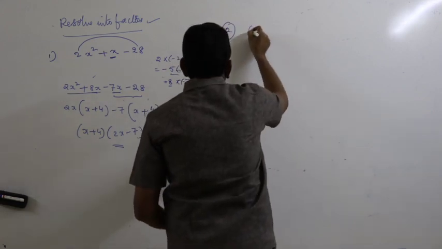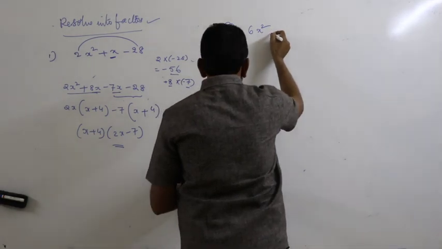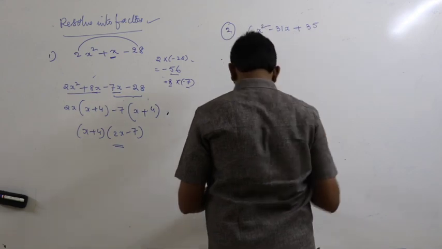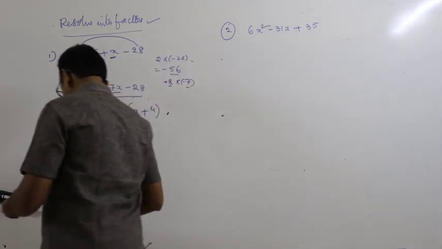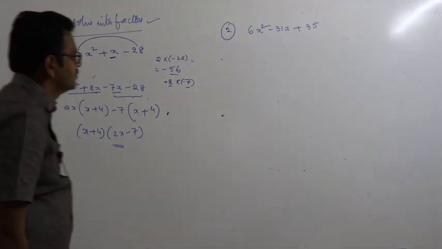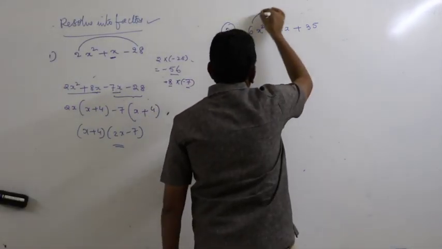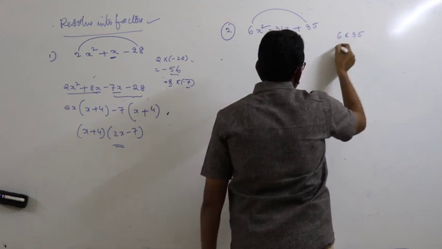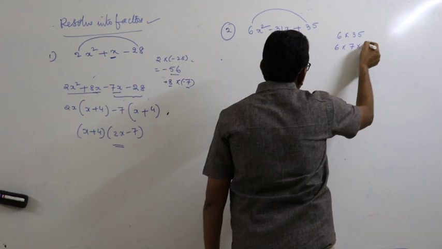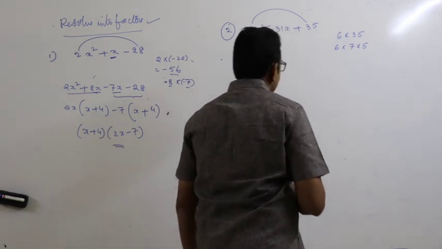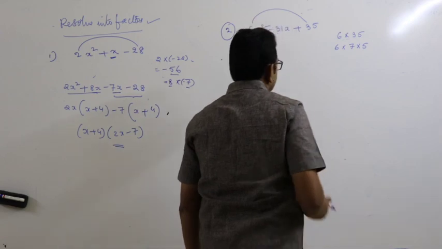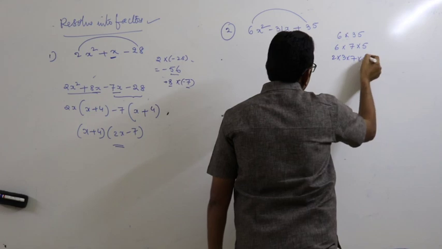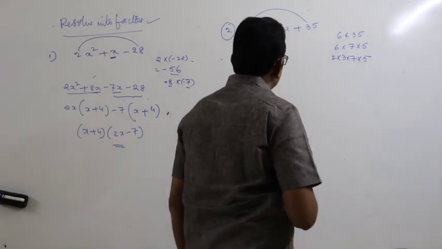Next problem: 6x square minus 31x plus 35. The product of these two is 6 into 35. We write 7 into 5 as factors, so this is 2 into 3 into 7 into 5.